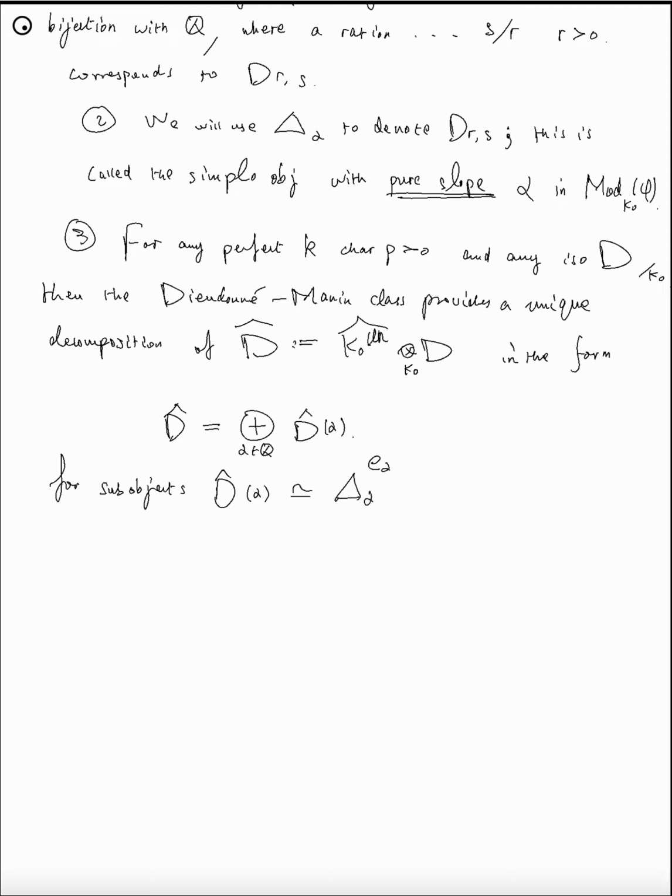And we see they have pure slope alpha. And this is a direct sum, so this D hat alpha equals 0 for all but finitely many alpha.